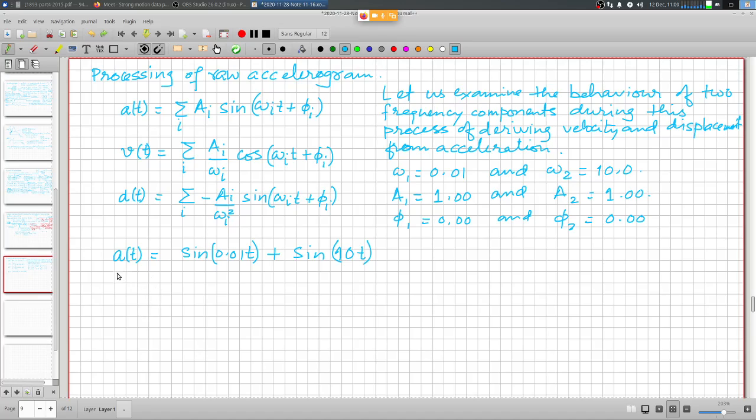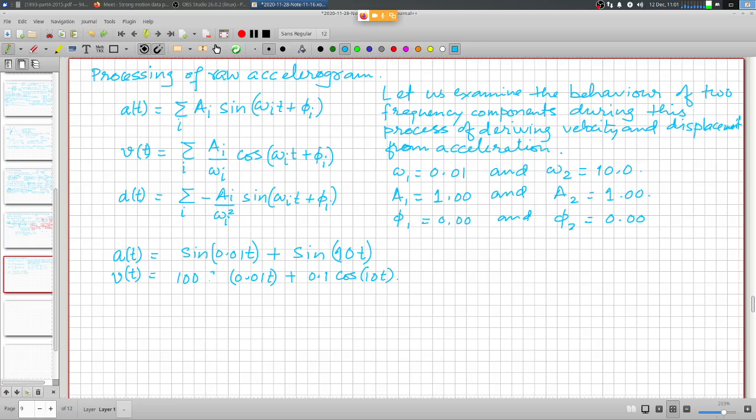right? So velocity becomes 1 over 0.01, so 100 sine 0.01 t plus 0.1, sorry, cos 10t.